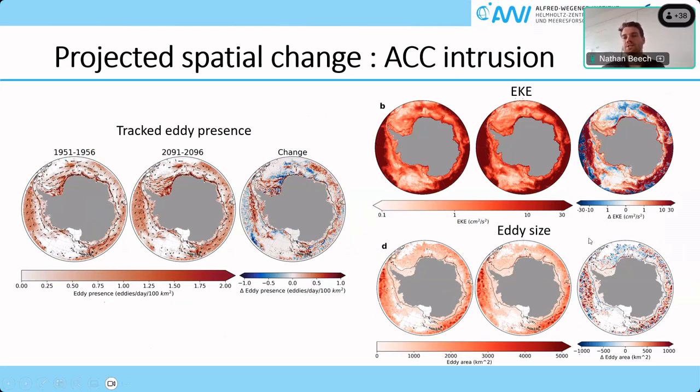And we can look at those changes to tell us what the change in eddy presence is caused by. And it's pretty clear and pretty well understood already that we have an ACC intrusion, where the southward shift of southern hemisphere westerlies is going to push that south. And so we get eddy activity from the ACC reaching further into the high latitudes.